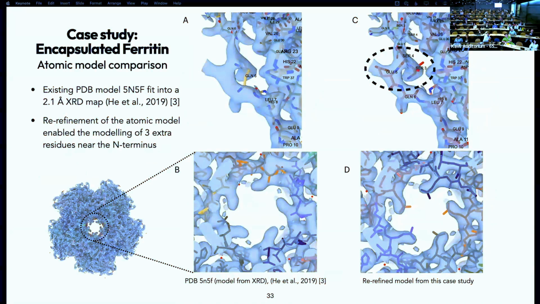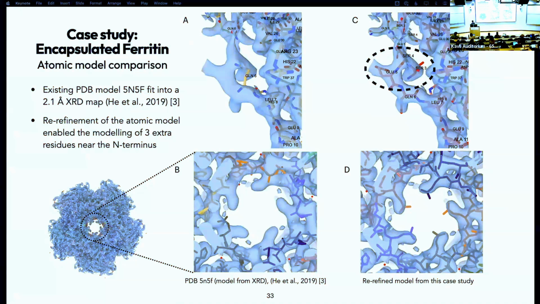What we did at the end, after we got this atomic map, was we took the PDB entry that this atomic model is from, and we re-refined it into our density map that we obtained from CryoSPARC. This atomic model was from E et al. from 2019, and this was from X-ray diffraction. It was a 2.1 angstrom map, so it's significantly higher resolution.